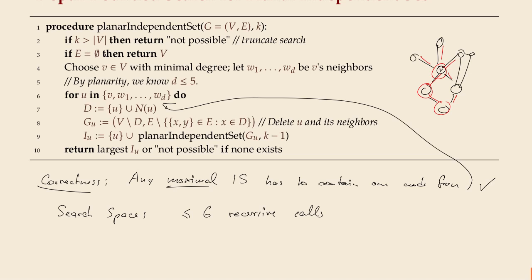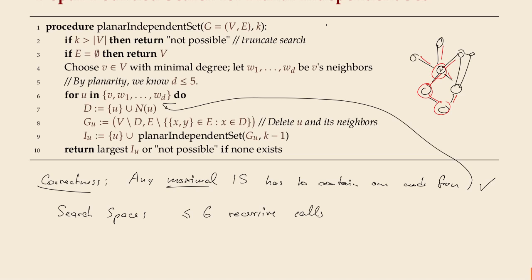Or the other possibility is that there's just no more edges that could spoil our game, then we can just return the whole graph. So this reduction rule will produce isolated nodes, and I'll just leave them in. You could also already try to delete them from the graph, but it's not really required. So this is again an example of an algorithm that doesn't explicitly check the validity of the solution candidates.